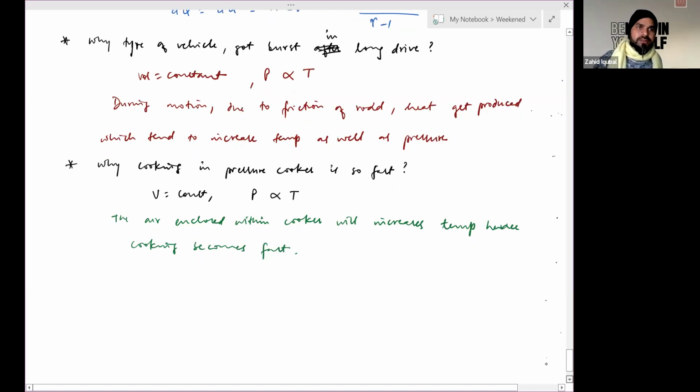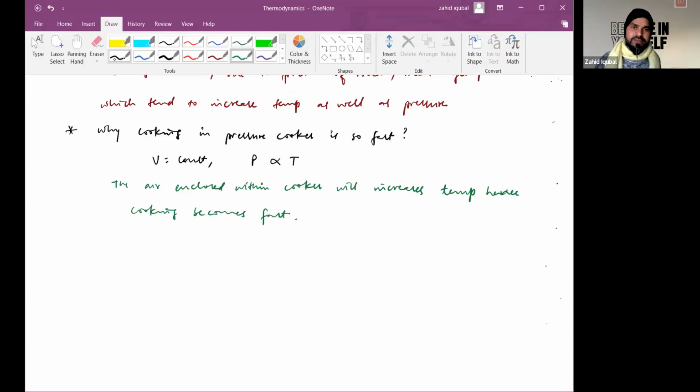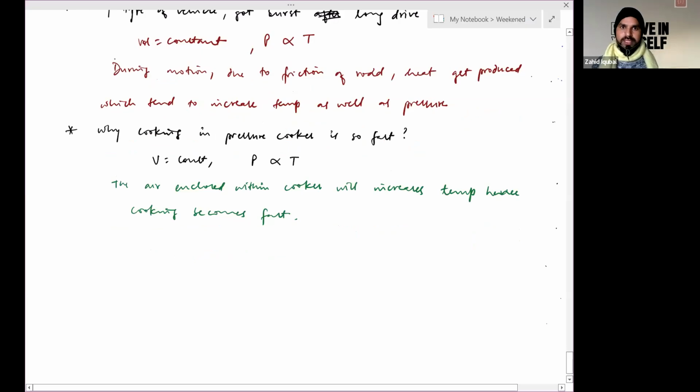Now, on the basis of these two different processes, one was isobaric and this was isochoric, we have to define a relation that is called Mayer's relation. So what do you mean by Mayer's relation?